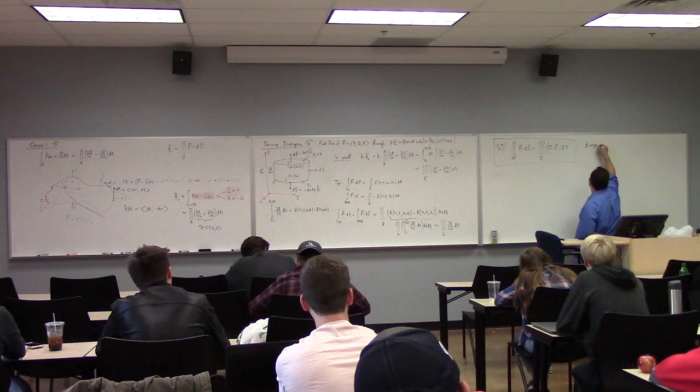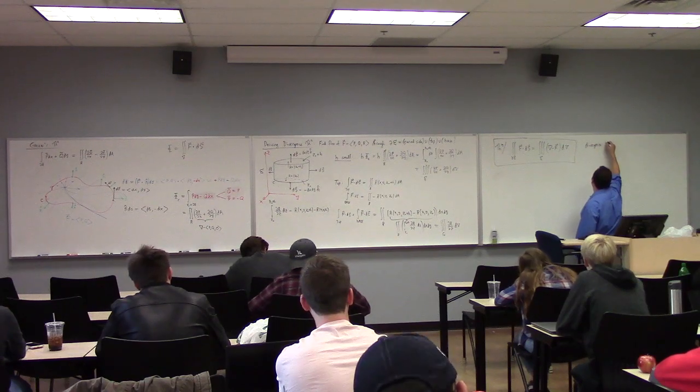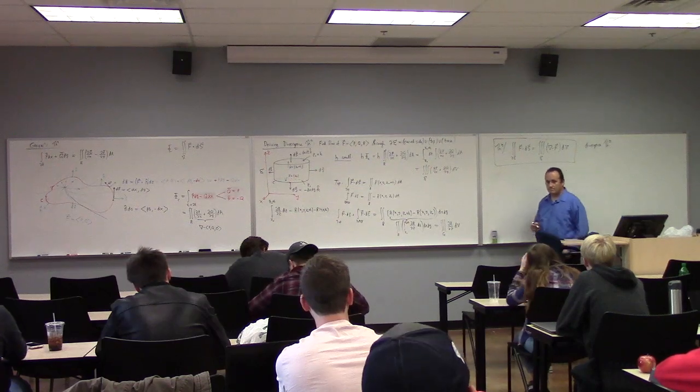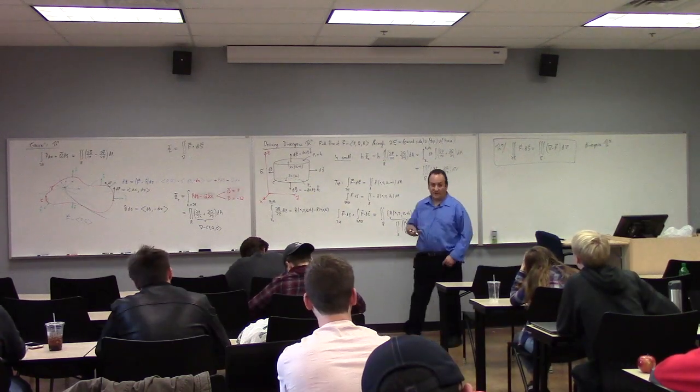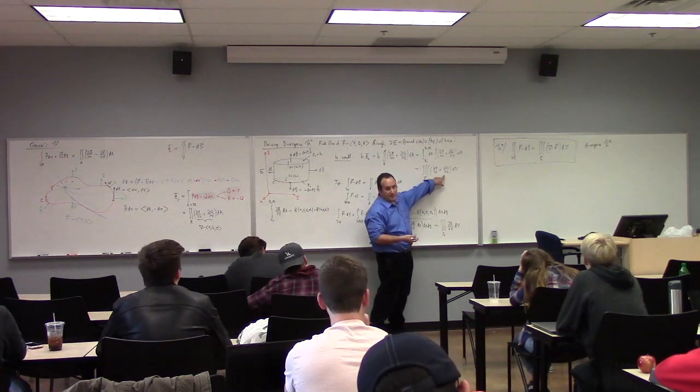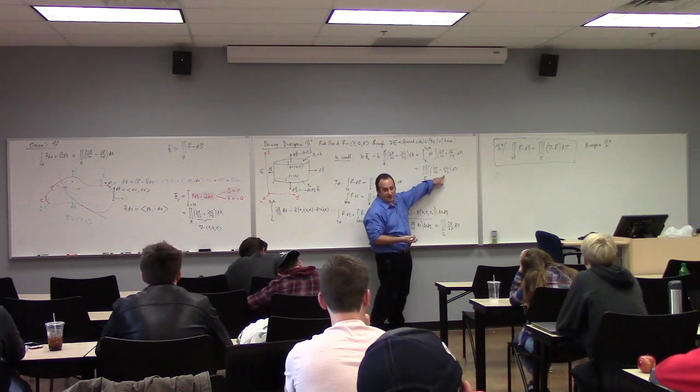What are the strings attached? I mean, this is what we've just derived. If you add partial R partial z plus this piece, we get what? We get the divergence of PQR. Do you guys see why I'm saying this?